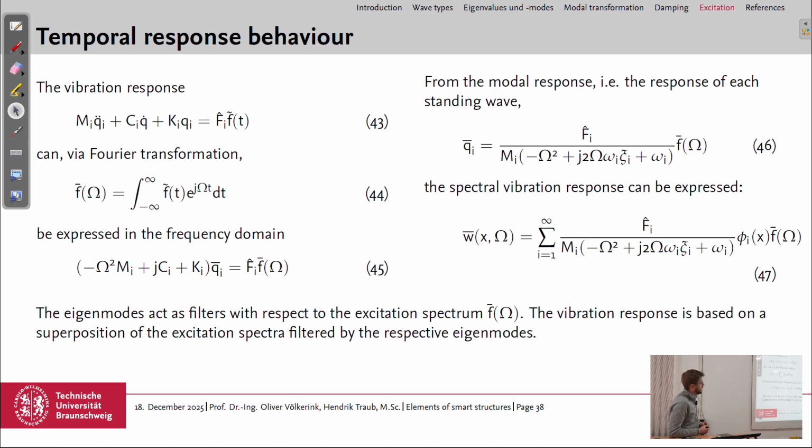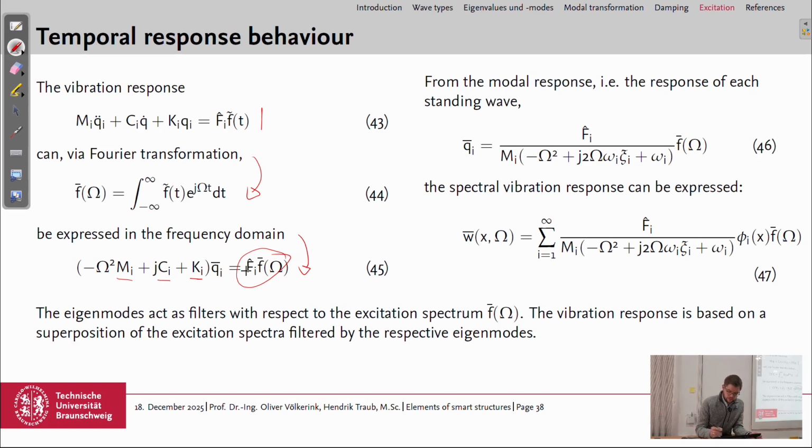Now what we did before was looking at the time domain for the vibration response for each eigenmode. We can then use a Fourier transformation to also have a look in the frequency domain and describe the oscillator for each eigenmode in the frequency domain. So again, we have here the generalized mass, the damping and the stiffness quantity and the excitation.